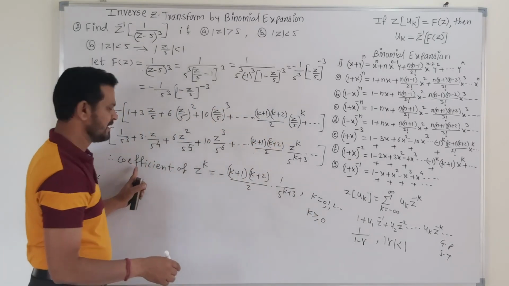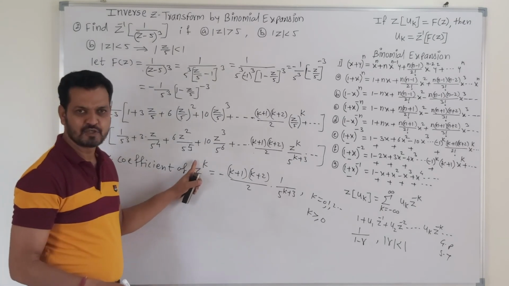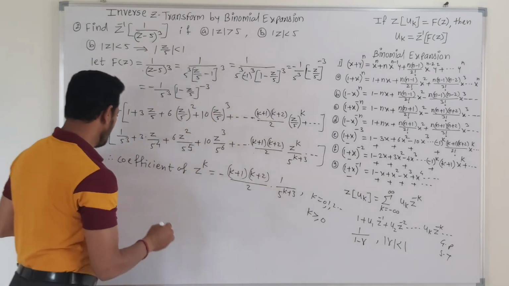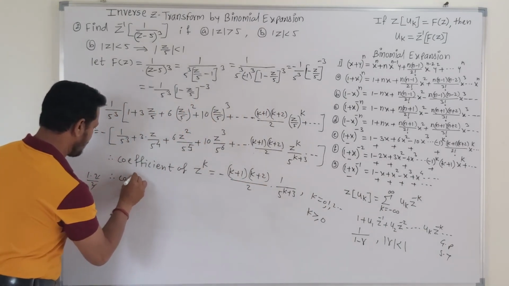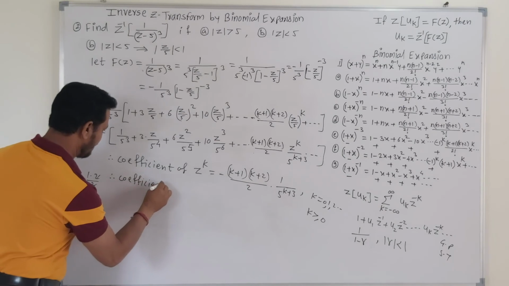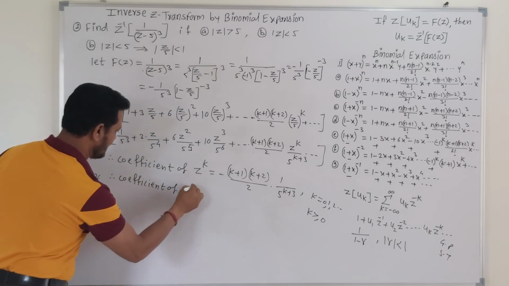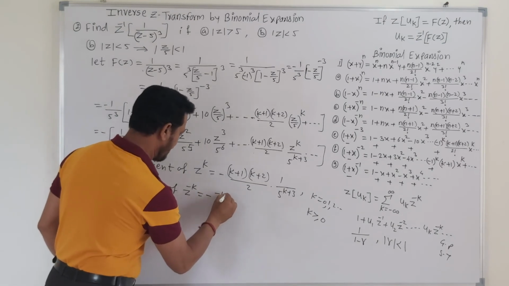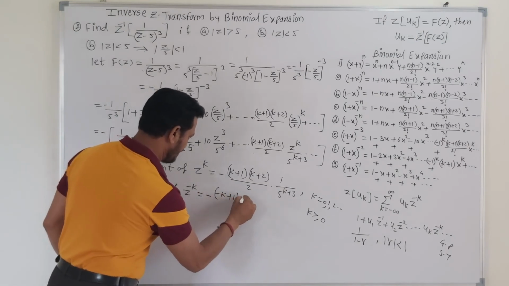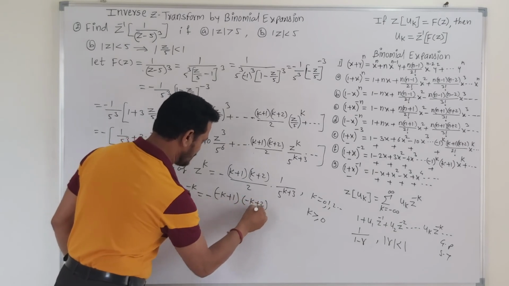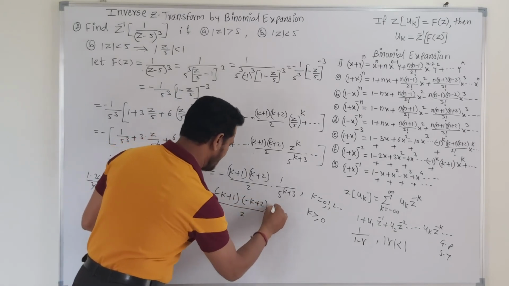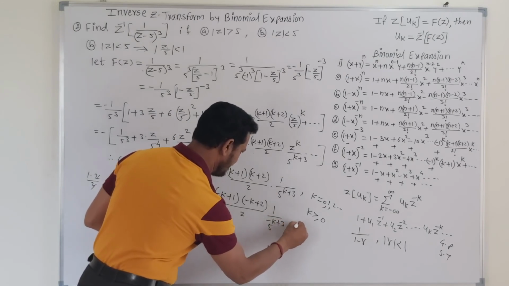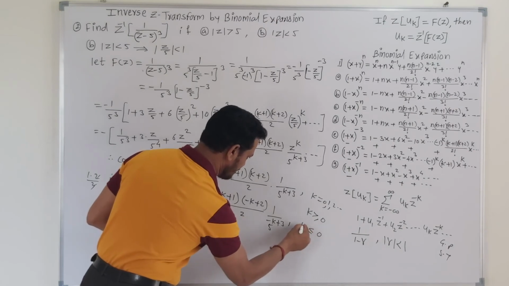Now here friends, try to understand that we get the coefficient of z raised to plus k, but we are interested in the value of z raised to minus k coefficient. So therefore we can write coefficient of z raised to minus k equal to, so this is minus, and this is minus k plus 1, then this is minus k plus 2 upon 2, then 1 upon 5 raised to minus k plus 3, then this k is less than or equal to 0.